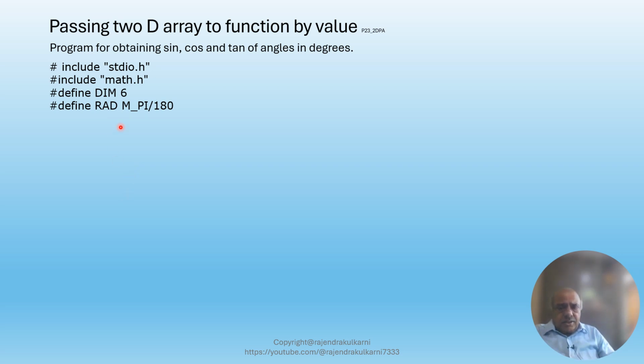Since we are passing values of angles in degrees, and the sine, cosine and tan functions defined in math.h calculate the values when the angles are in radians, by using this RAD macro we will be converting the angles in degrees to equivalent radians.